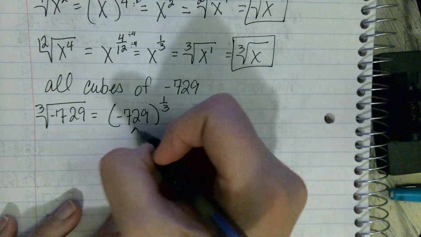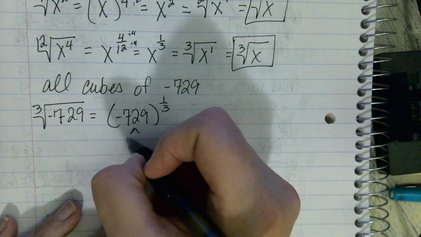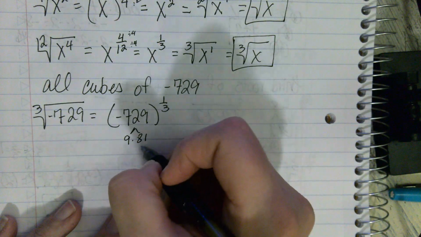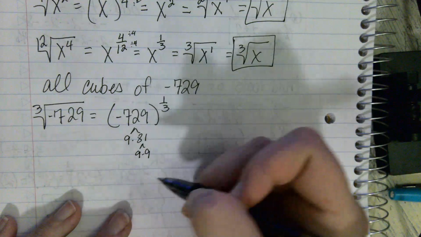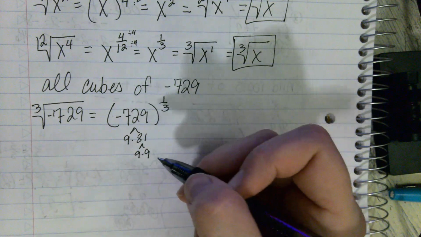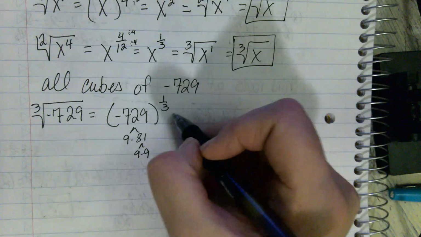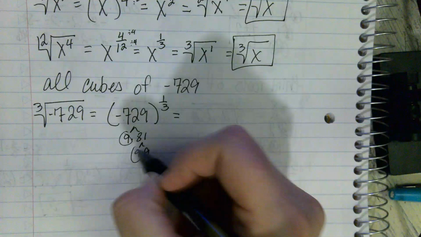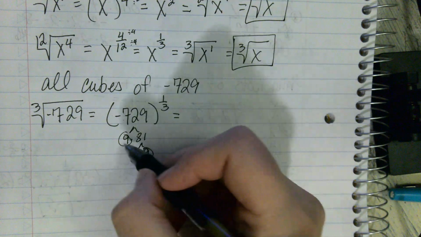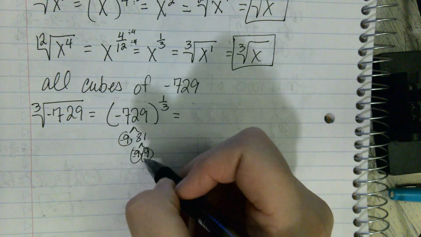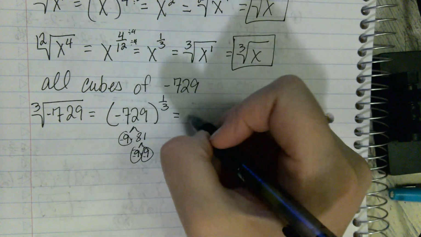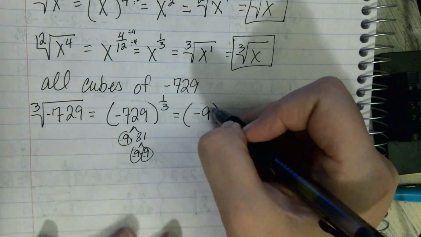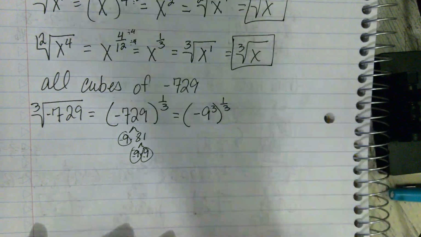I will go ahead and use my factor tree, factor this out. It would be 9 and 81, 9 times 9. And again, I'm going to stop and think, okay, should it be negative or positive here? Well, I need it to be a negative, and I have 9 to the third power. So a negative times a negative times a negative is a negative. So I'm going to say negative 9 to the third power raised to the 1/3 power.